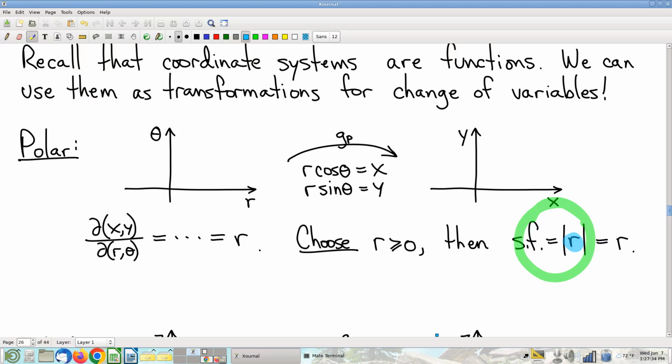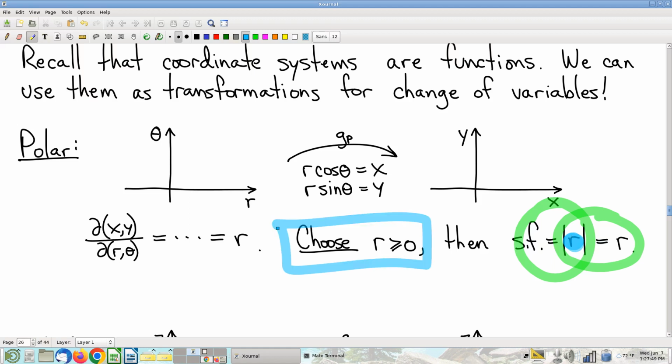If that were always positive, then my stretching factor wouldn't have absolute values in it anymore. Wouldn't that be awesome? And all I have to do to make this happen is make sure that thing inside of there is always non-negative. In other words, confine yourself to the right half of the r theta plane. Just don't let r be negative.